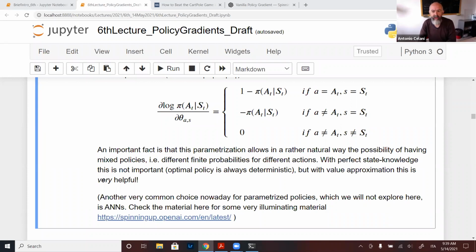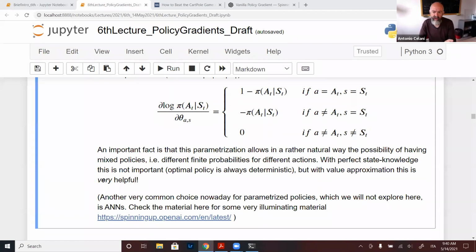On the other hand, what the first two equations are doing is that if you pick an action capital A_t, then you're giving credit with a plus sign to that action, because 1 minus pi is positive, and negative credit to all other actions. Then the actual sign depends on the prefactor, that is the quality or the advantage.